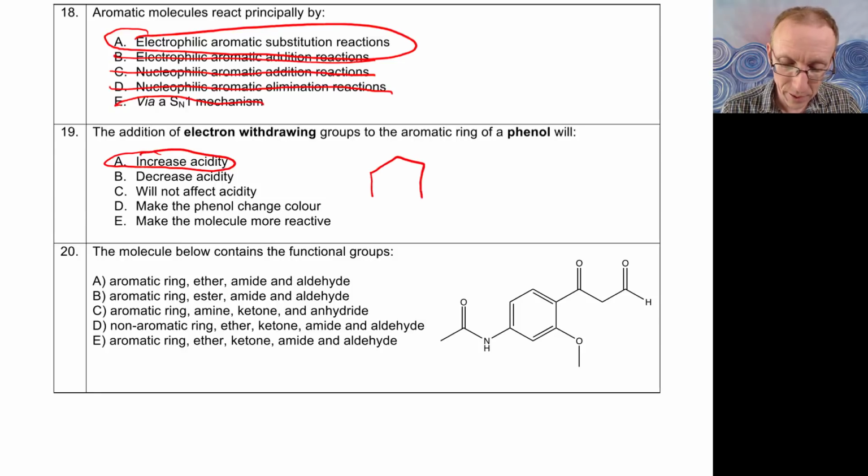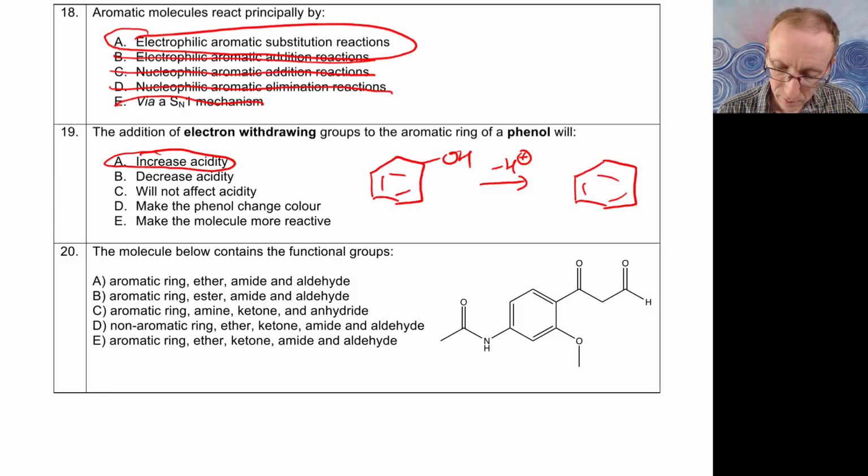If we have a phenol, we can draw it out like this, and then we lose a proton, so we go to the phenoxide, like that.